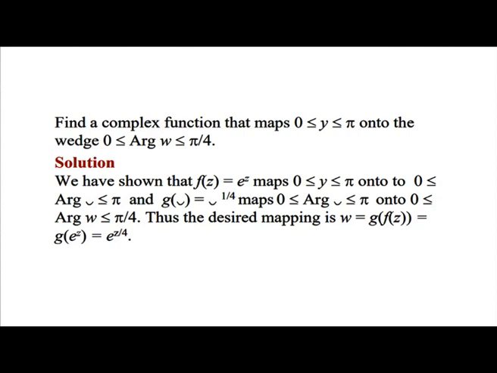So, in effect, if you have the mapping w is equal to g of f of z, you define it as g of e raised to z, and that is nothing but e raised to z by 4. So, if you have to express it as the successive mapping from the z plane onto the w plane going through the zeta plane, the complex function w is equal to e raised to z by 4 will map your strip 0 to pi onto the wedge 0 to pi by 4 in the w plane.